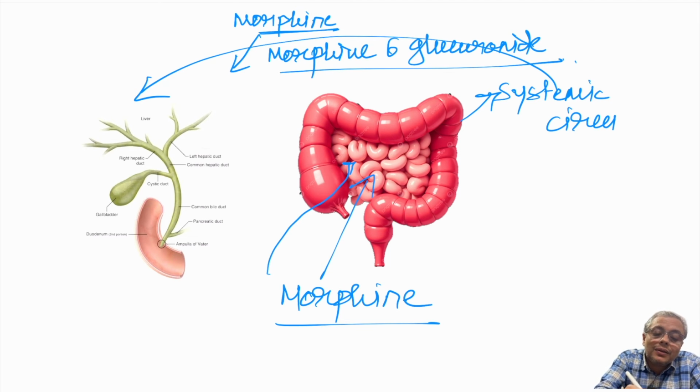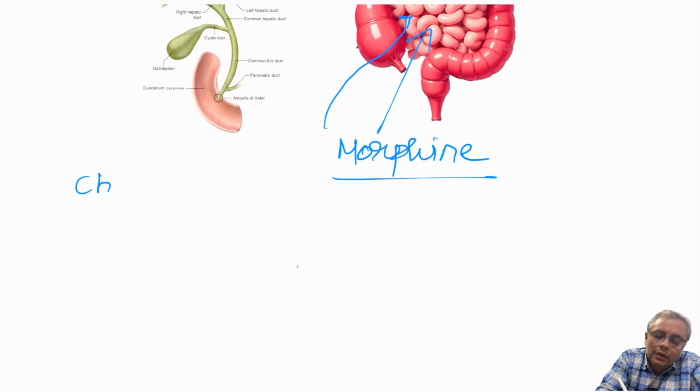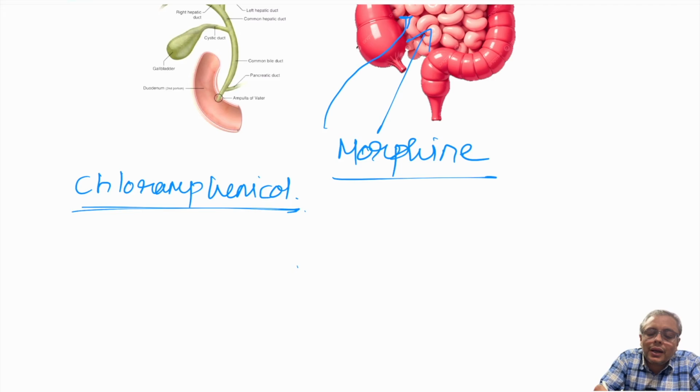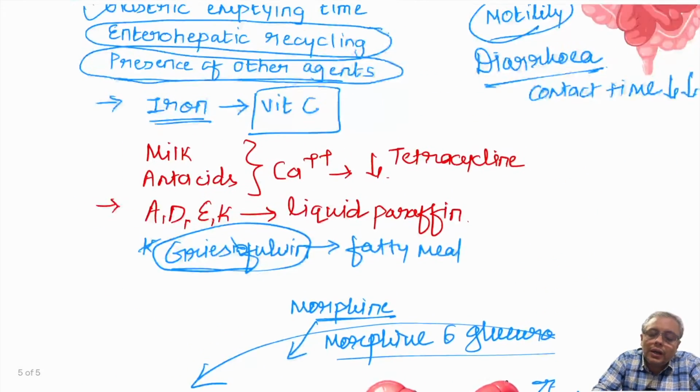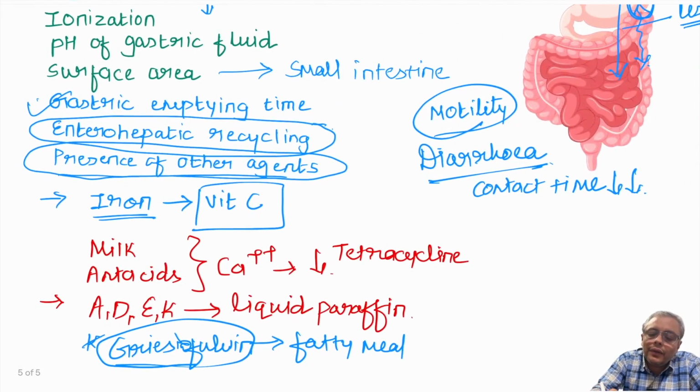There are various other examples also, like chloramphenicol, paracetamol, and various other agents also showing the phenomenon of enterohepatic recycling. So in short, enterohepatic recycling increases the bioavailability of the drug.